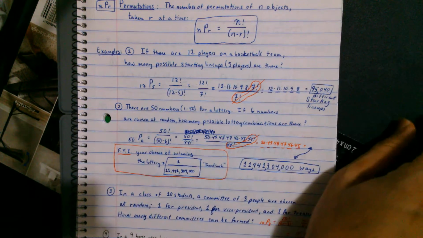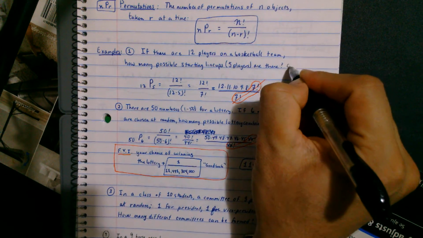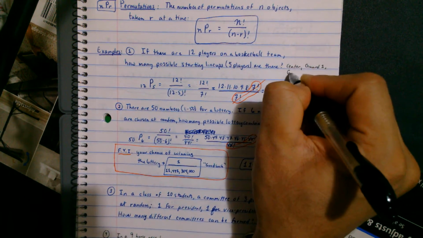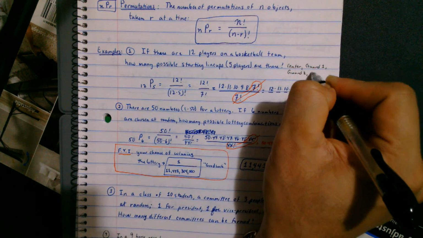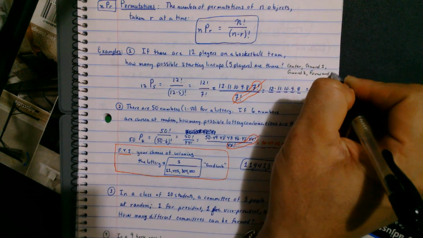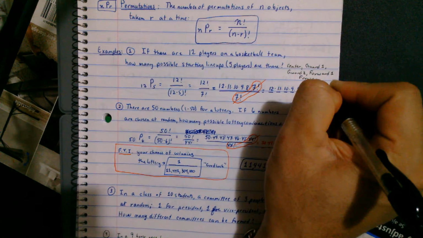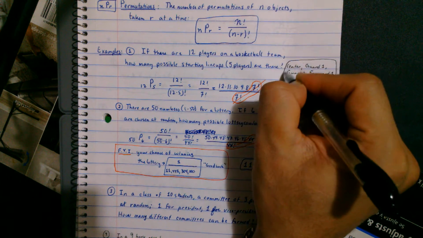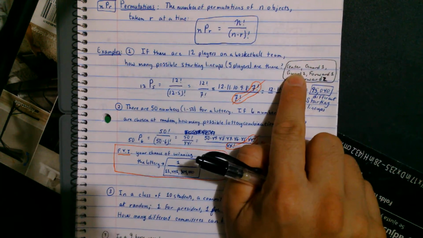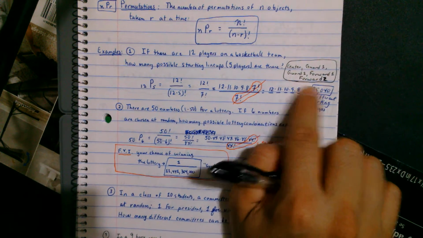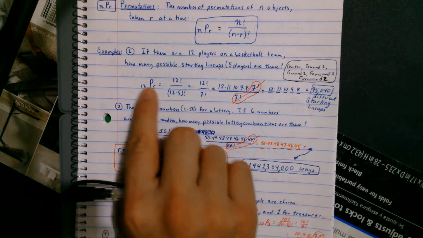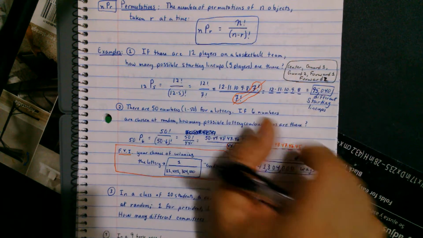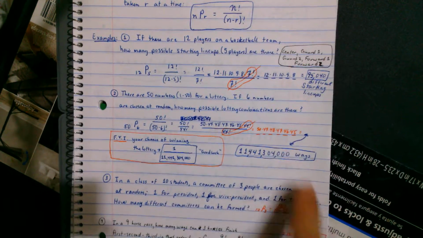So in basketball, you have a center, let's say guard 1, guard 2, forward 1, and a second forward. It varies with the lineup you want to have, but notice that there are 5 positions: center, the first guard, the second guard, the first forward, the second forward. So out of the 12 people on the team, you want to choose 5 of those positions, guard, center, that kind of stuff.